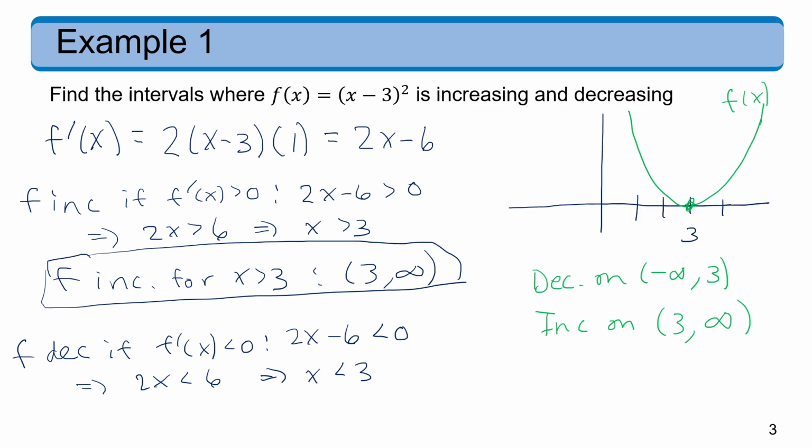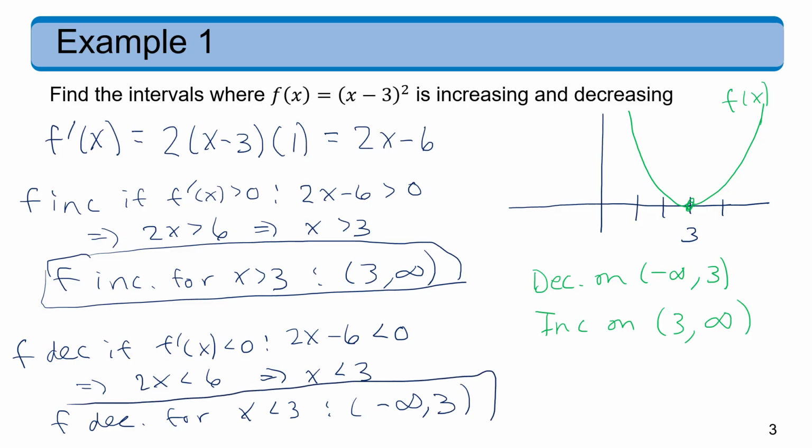So this calculation tells us f is decreasing for x less than 3. And in interval notation, that means from negative infinity on the left up to 3 on the right. And notice these two results we just found are exactly the same as what we said over here just by looking at the graph.